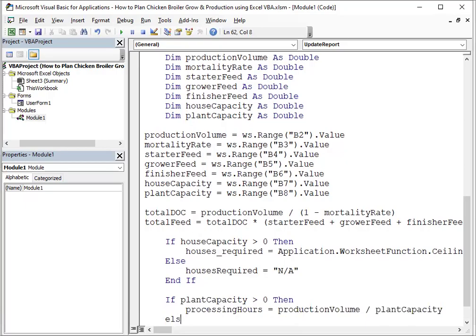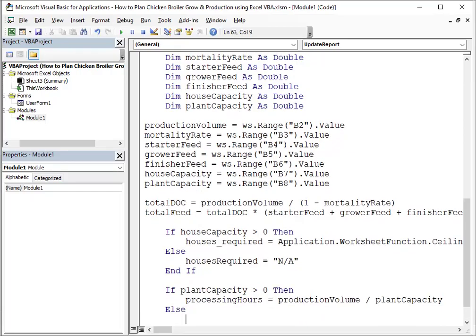Else, processing hours, again I would say not applicable. Okay, then End If.